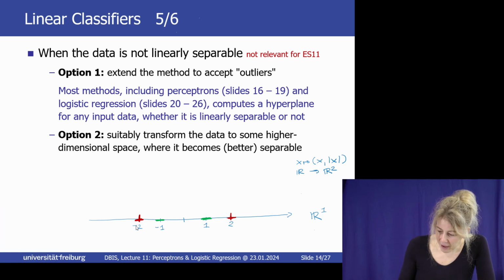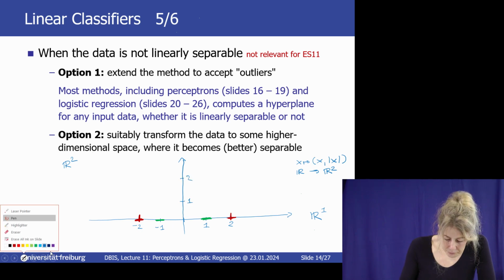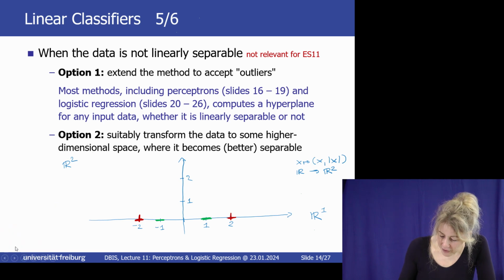I'm now transforming my problem into a more interesting two-dimensional world. And now -2 becomes, let me also draw the 1, 2. And maybe you can already see it in your mind, -2 becomes -2, 2, and 2 becomes 2, 2, right?